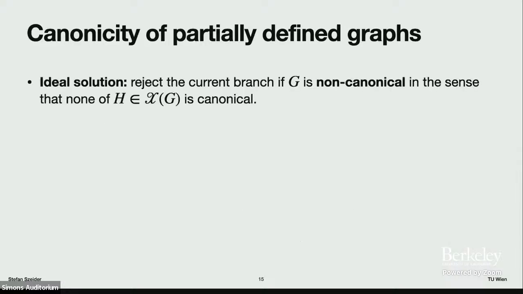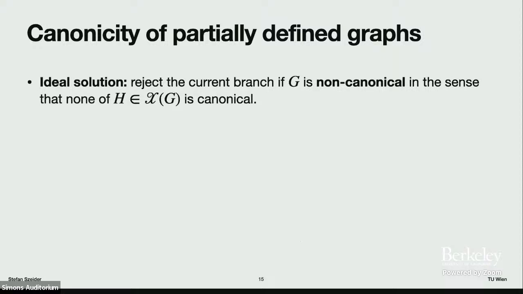Good. So the ideal solution in our method would be, when we send this partially defined graph to the minimality check, to reject the current branch if G is non-canonical in the sense that none of the fully defined graphs G can be extended to is canonical.